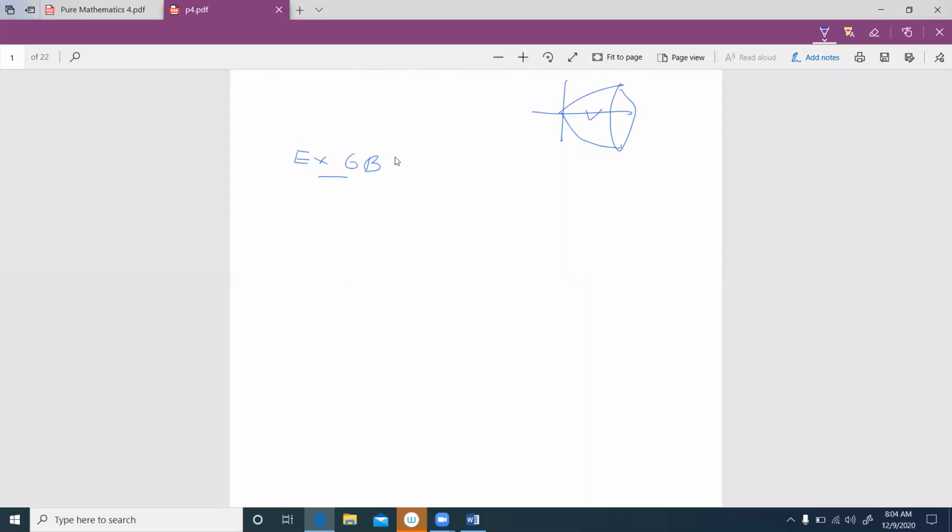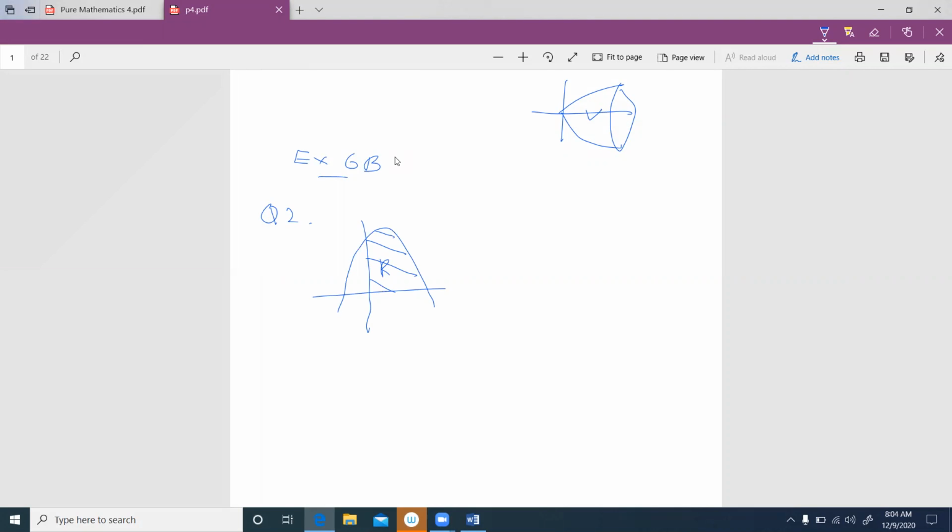Let me start with question number 2. The shape is somewhere like this, and this is a region R enclosed by the shape. In this question, the curve has a diagram.